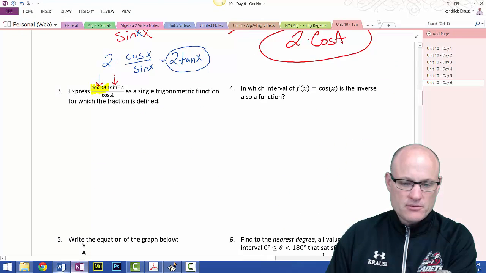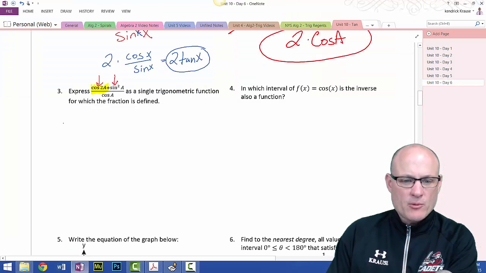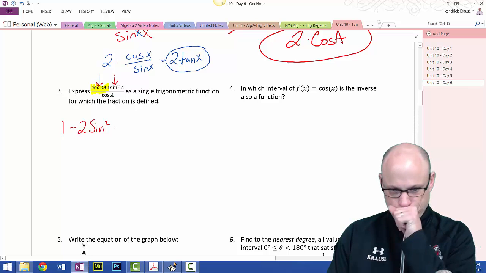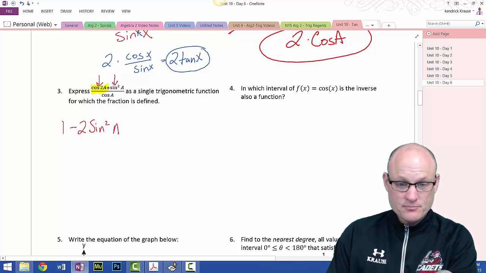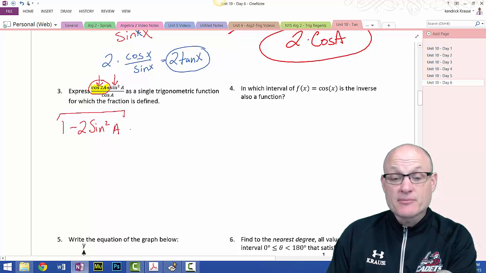That's not what I want. So I'm going to replace it with 1 minus 2 sine squared A. So that's what I replaced. That's this. And then everything else I'm just going to copy down.